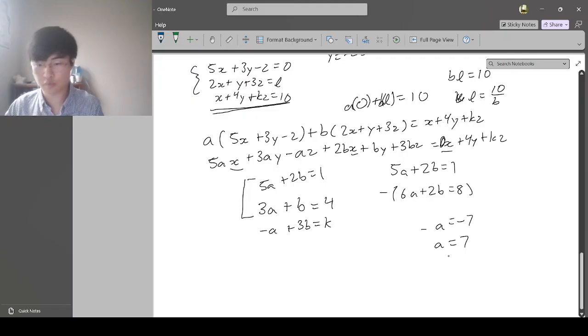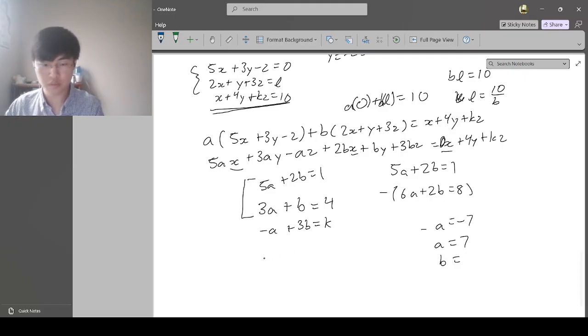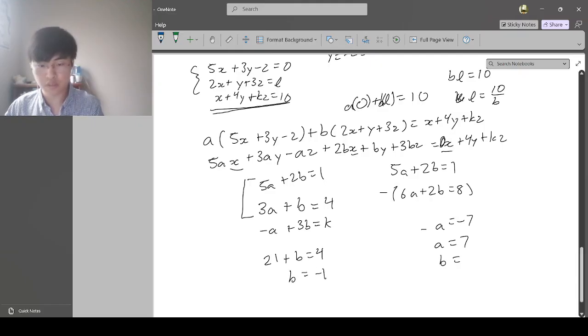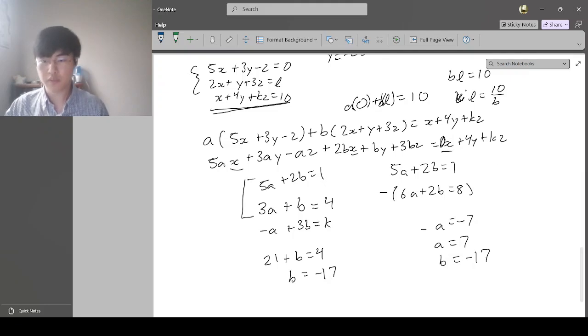So we can now solve for b, which is, let's see, we can just put it in here. So we get 21 plus b equals 4. So b is just the same as -17. Okay, well, actually we just immediately solve for L. L is just -10/17. So that's our first one.